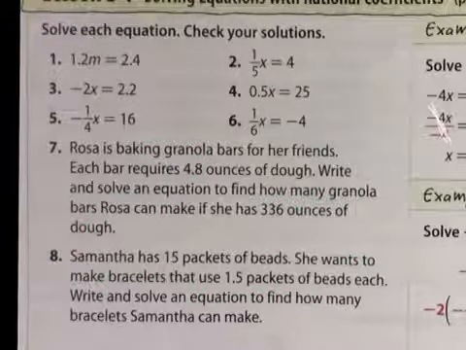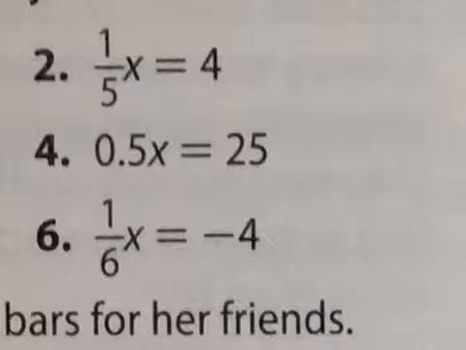Let's start by doing number 4 together. For number 4, our coefficient is a rational number, the decimal 0.5, positive. So we're going to divide it out. Notice that the operation we have here is multiplication. Whenever you have a coefficient with a variable, it's multiplication. So we're going to divide by 0.5 as well as this side 0.5.